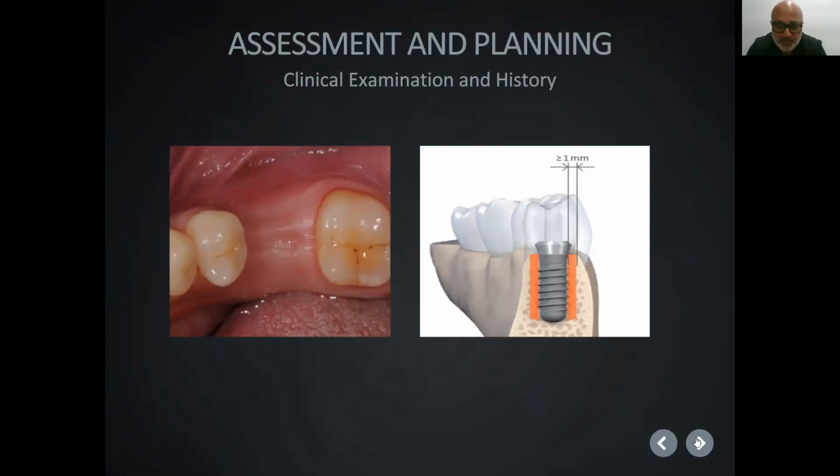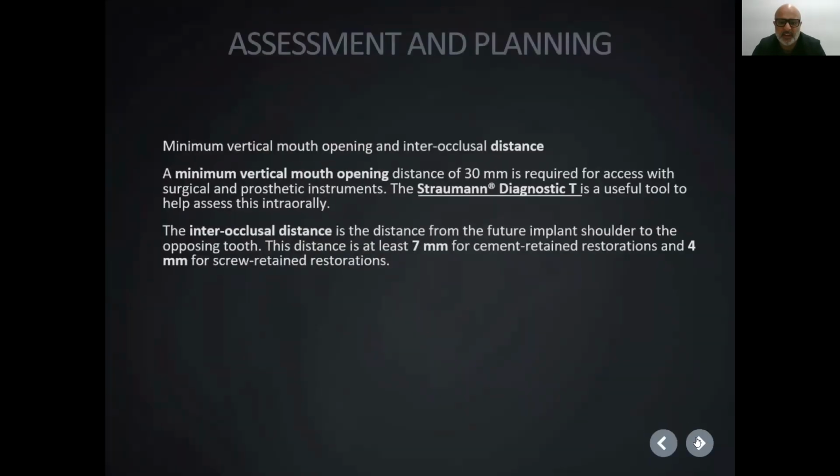The way I want you to imagine this is as if there was a barrel of bone around the implant. Ultimately you want at least a 1 millimeter barrel of bone. Ideally, as a beginner, I would say 2 millimeters, just to be safe.